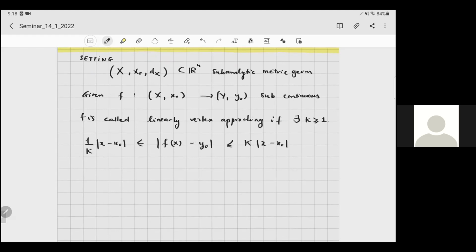It looks like a bi-Lipschitz map, but only preserves the distance to the vertex.